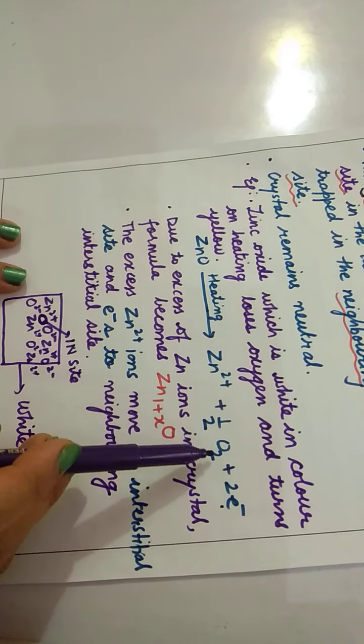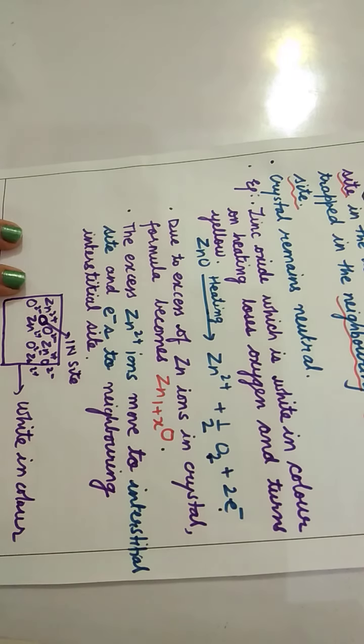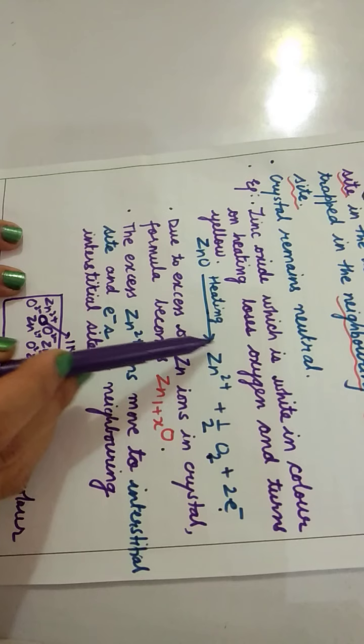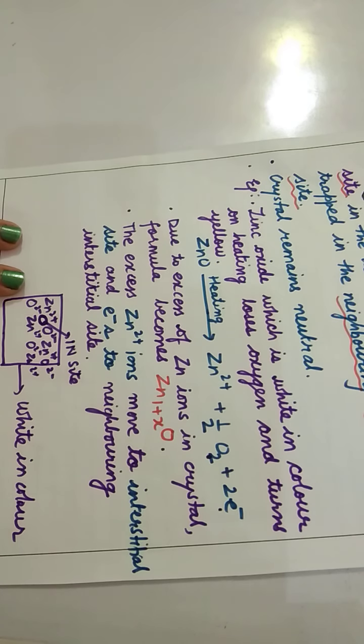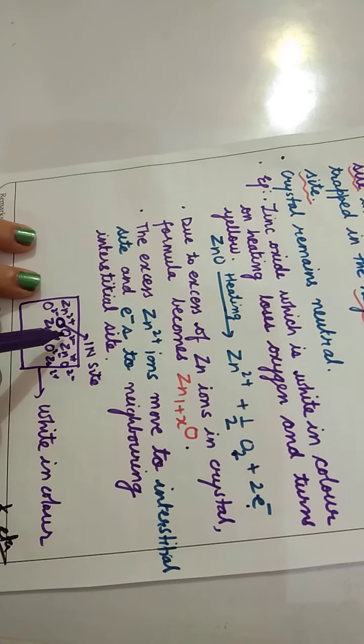Now on losing oxygen, there will be excess of Zn2+ ions in the crystal. On losing oxygen, this O2- will move out.